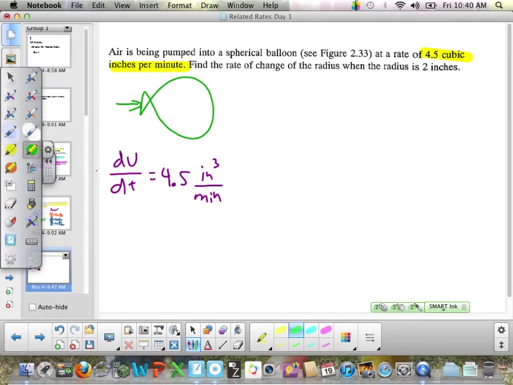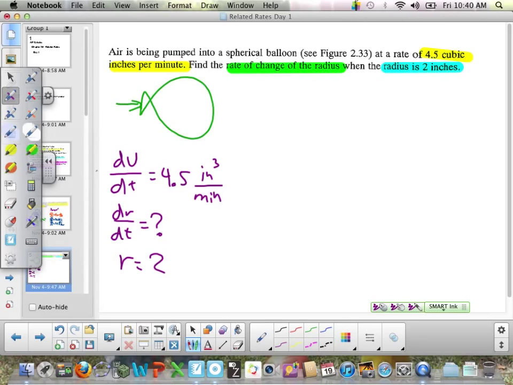Find the rate of change of the radius. So that is dr dt. We don't know it. That's what we're looking for. When the radius is 2 inches. So at the point in time when the radius is 2 inches, we want to know how fast it is growing.